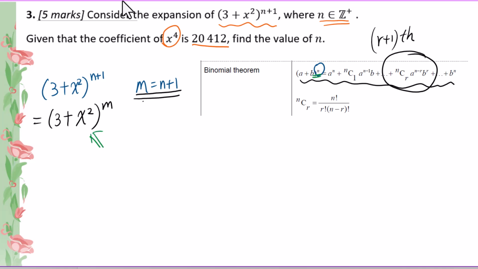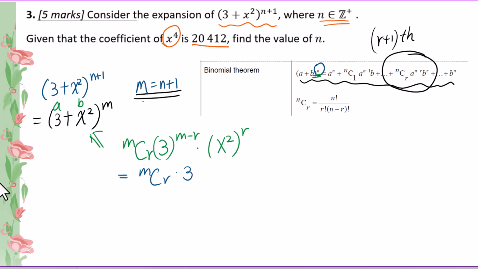For this binomial expansion, we can write down the term. This is a, this is b. M choose r times 3 to the m minus r power times x squared to the r power. Simplify: m choose r times 3 to the m minus r power times x to the 2r power.